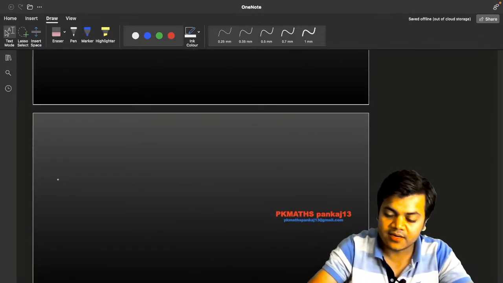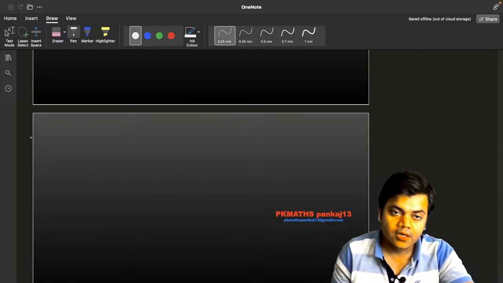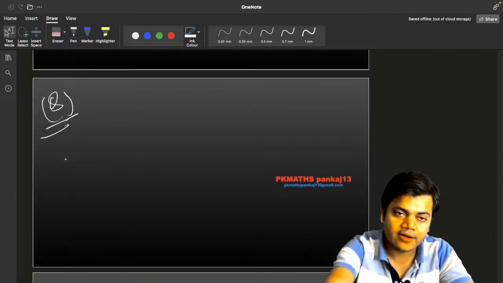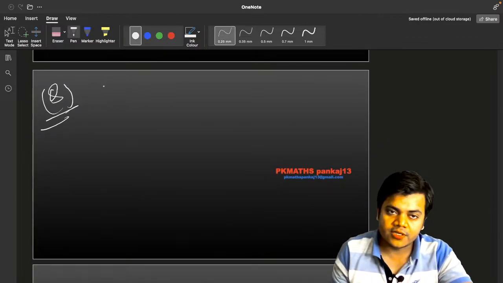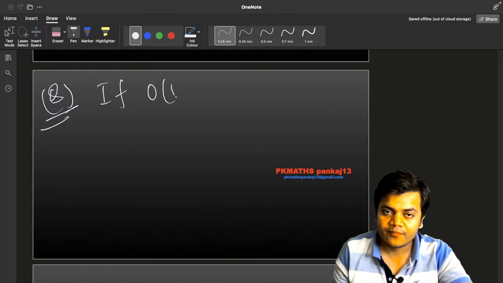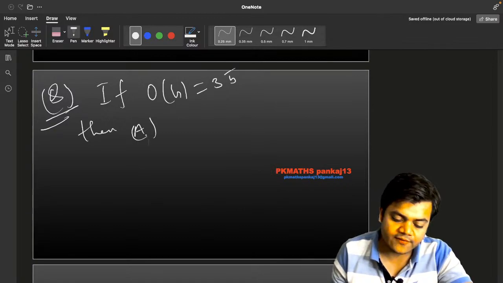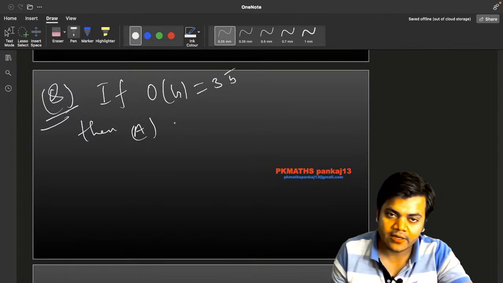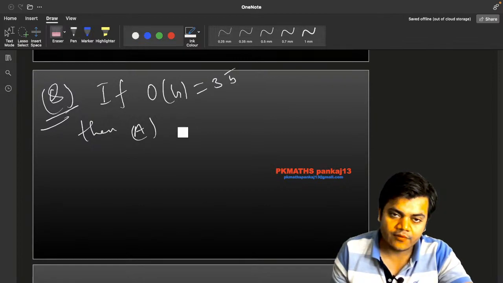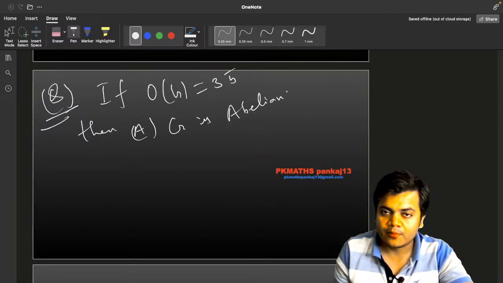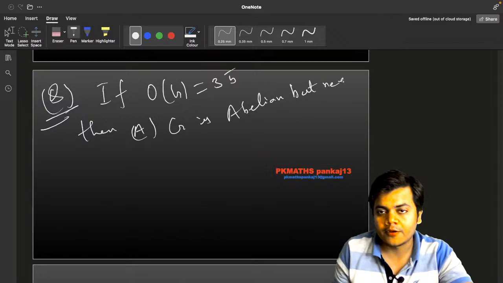Now I am going to ask another similar question, and this kind of question used to be asked in CSIR NET. If the order of G is 35, then option A: G is abelian but need not be cyclic.